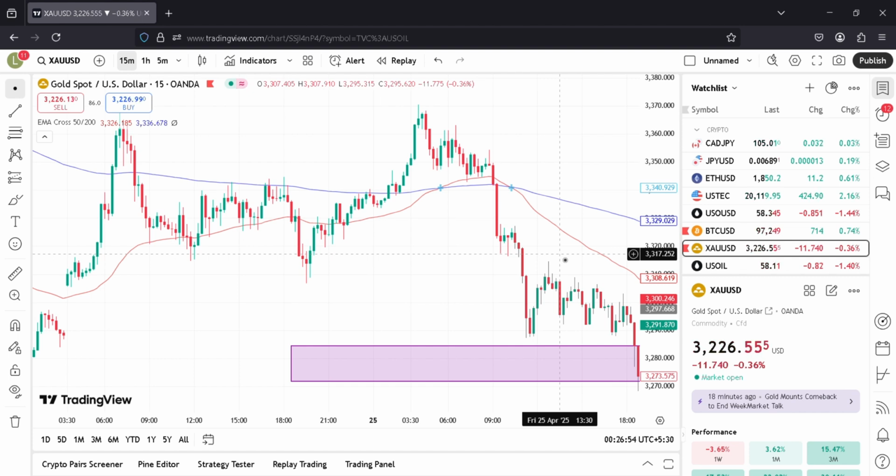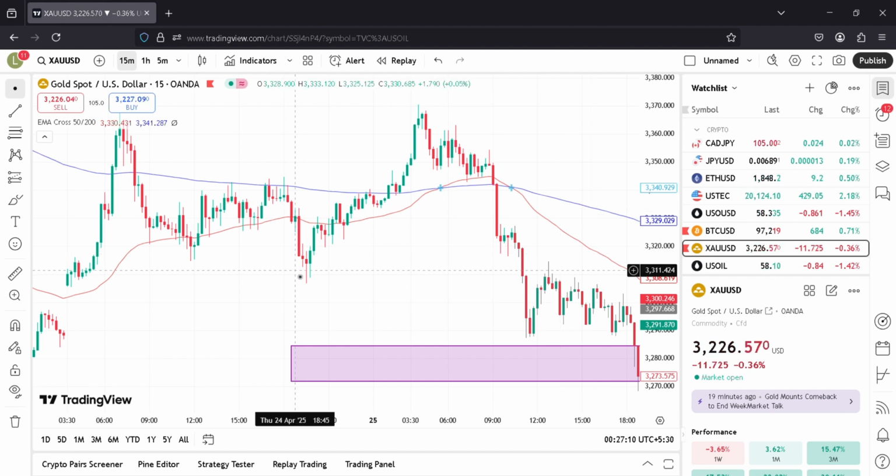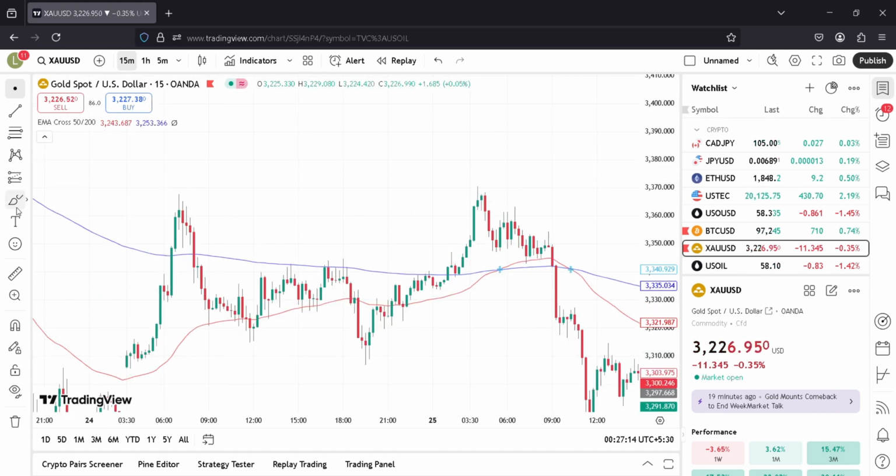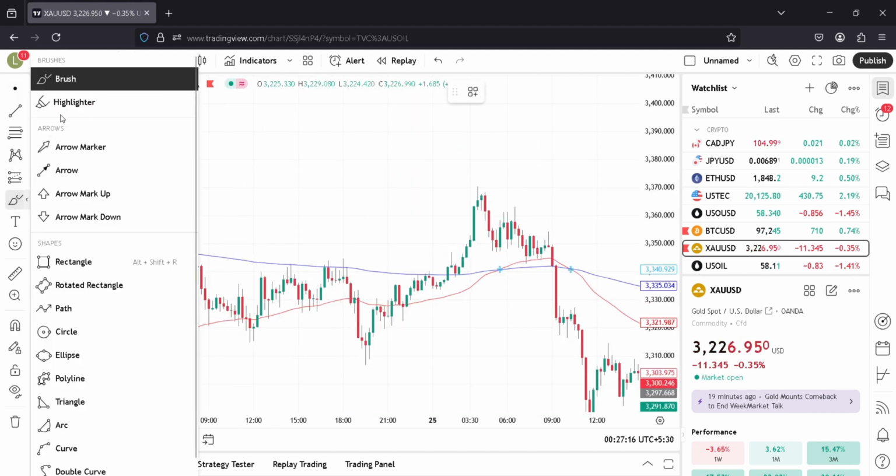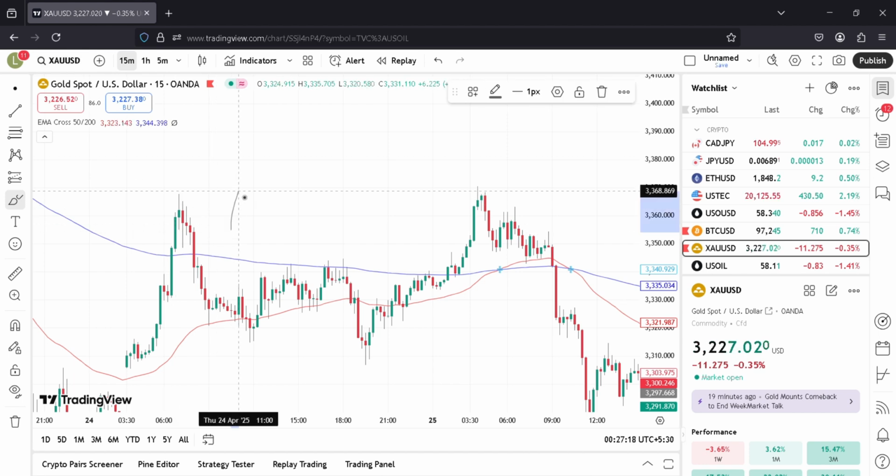But let me tell you one more thing, guys. Institutionals put in their buying zone when the SL is hit. We can see this order block works just because of the liquidity here: after hitting the SL, the order block formed and the trend continues.